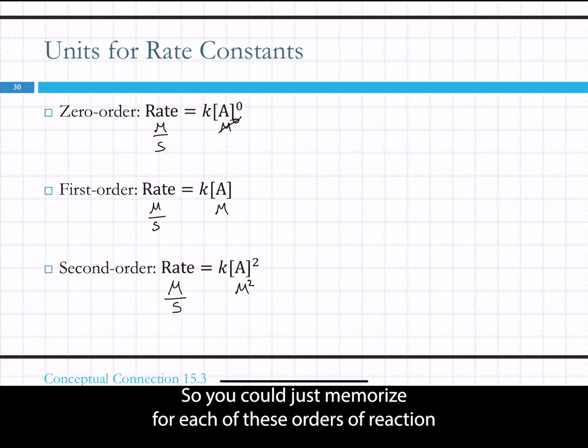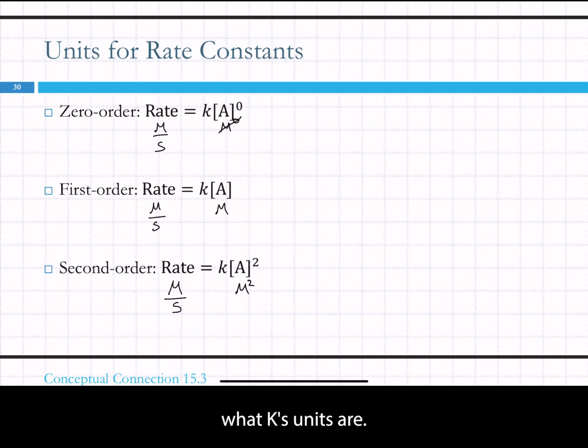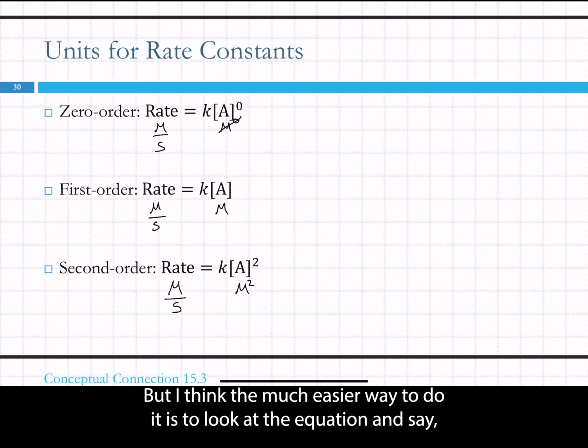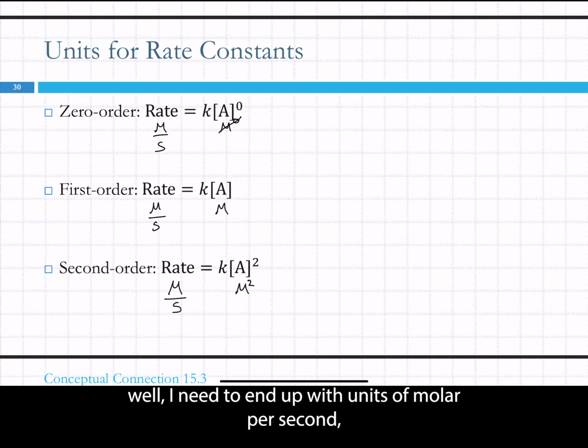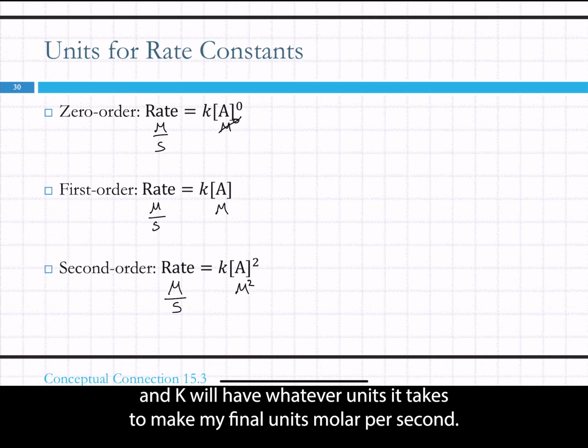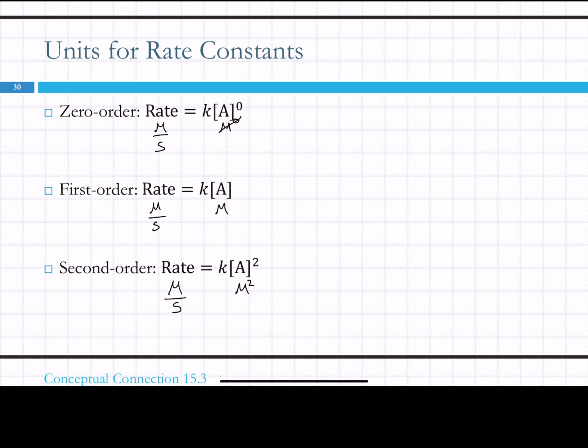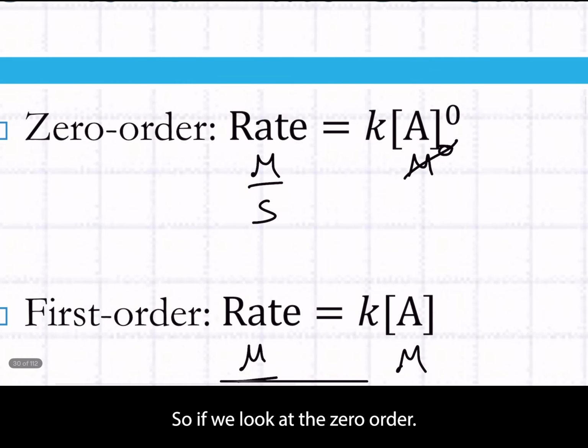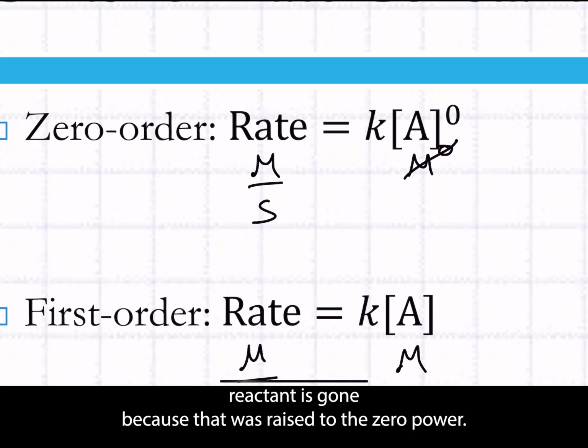So you could just memorize what k's units are for each of these orders of reaction. But I think the much easier way is to look at the equation and say, I need to end up with units of molar per second, and k will have whatever units it takes to make my final units molar per second. So if we look at the zero order, I need to get to molar per second. My molar from the concentration of that reactant is gone because it was raised to the 0 power.